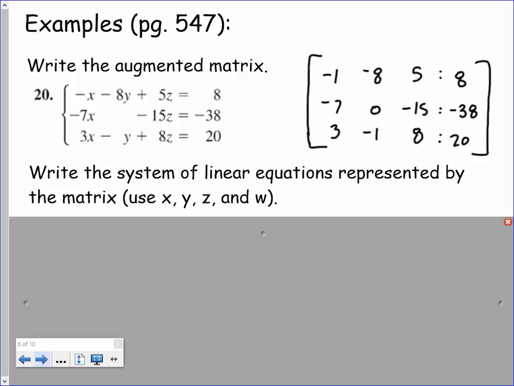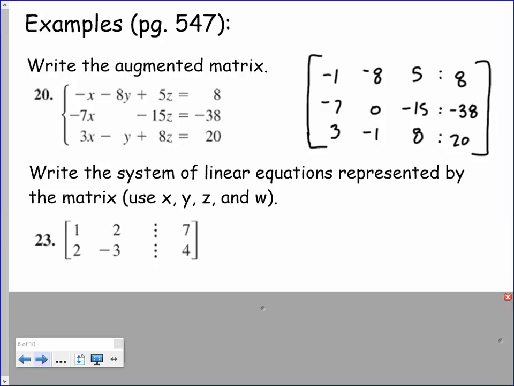If it looks like our previous example, I could see that I have 3 equations in 3 variables. So I would use x, y, z. If I saw 4 equations in 4 variables, I would use x, y, z, w. And if you only have 2 equations, use 2 variables, x and y. So could you please write the linear system for this augmented matrix?